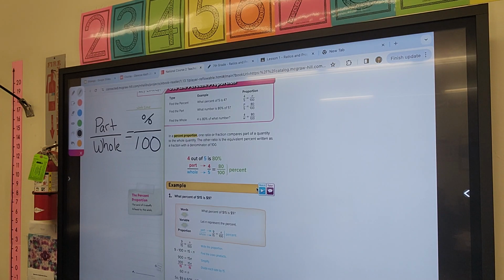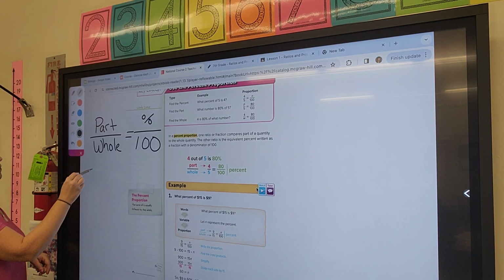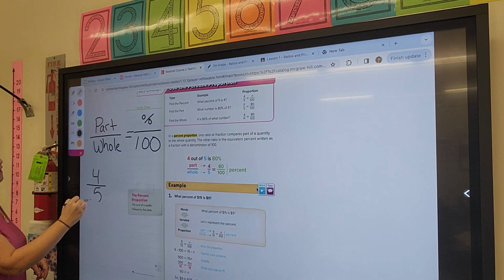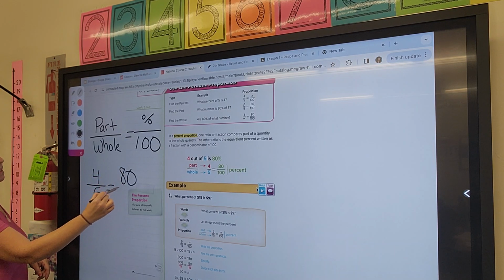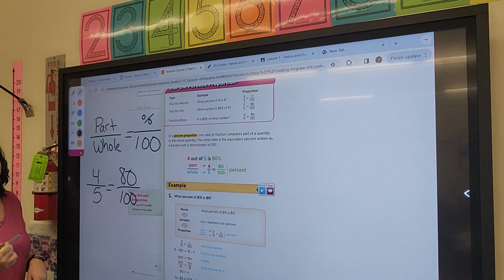Their example says 4 out of 5 is 80%. So they give you the numbers to put in here so we can see.